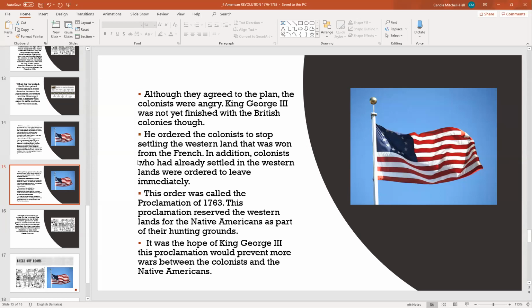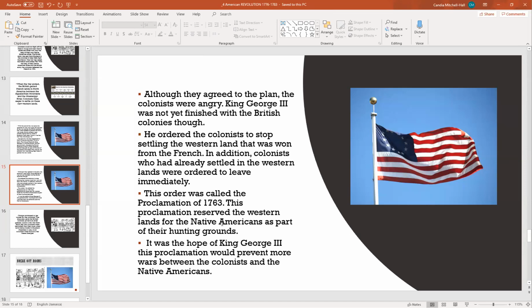In addition, colonists who had already settled in the western lands were ordered to leave immediately. This was called the Proclamation of 1763. This proclamation reserved the western lands for the Native Americans as part of their unclaimed grounds. It was the hope of King George III that this proclamation would prevent more wars between the colonists and the Native Americans. All right, now we're getting somewhere.